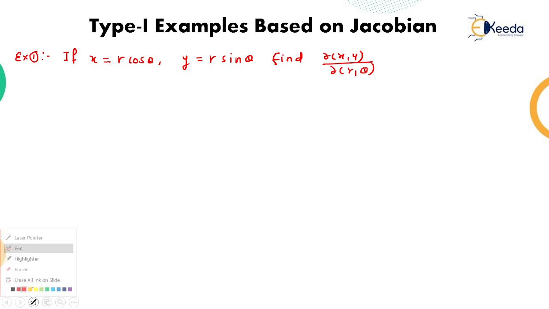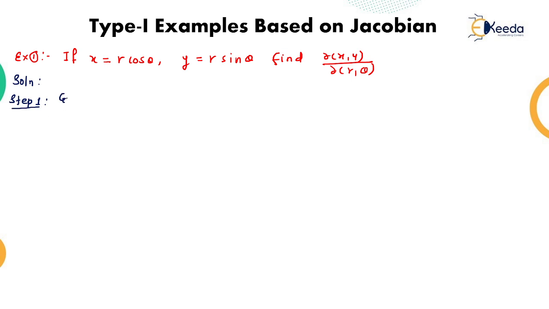Now let me start the solution, how to solve this. I am following some steps here. Step 1: you have to observe what is given, the two functions x equals r cos theta, y equals r sin theta.